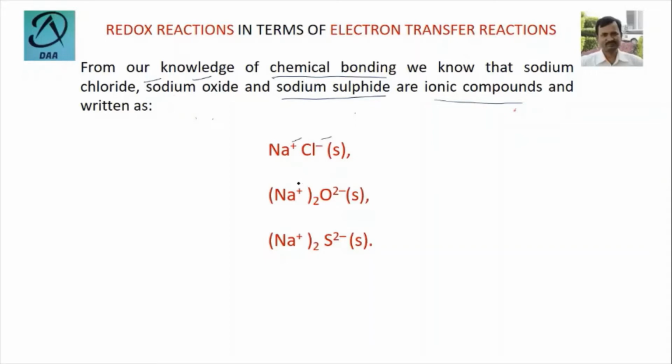For sodium oxide, (Na+)2 O2-, and this is also in solid form. Sodium sulfide, (Na+)2 S2-, is also in solid form. In this way, we have seen how to write the compounds in their ionic form.